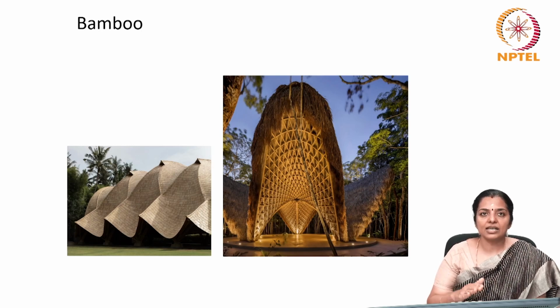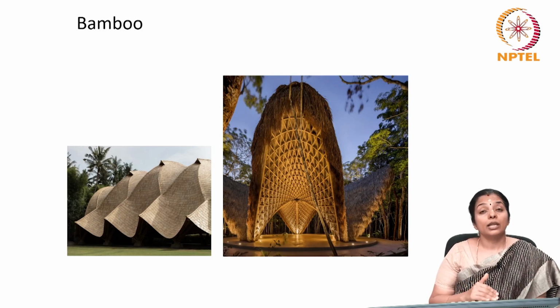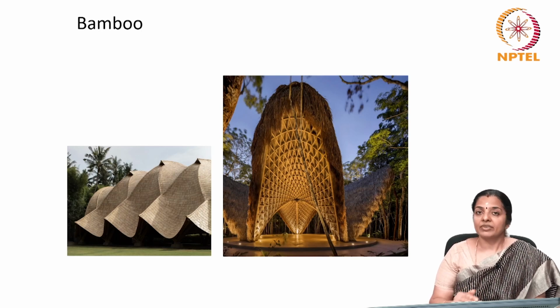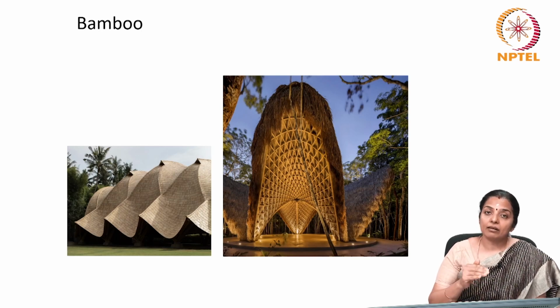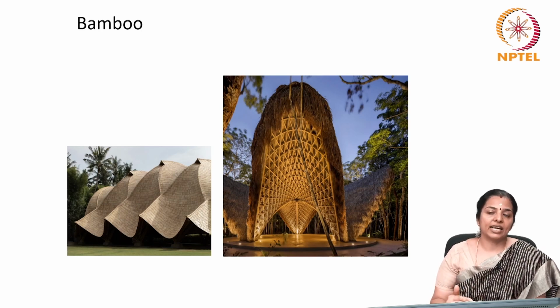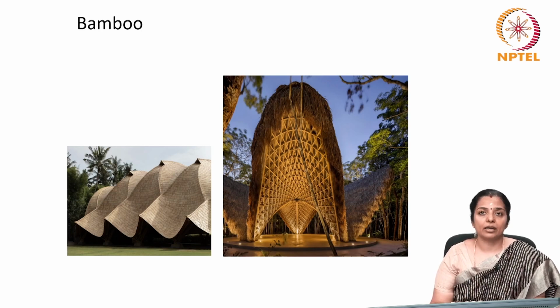I have taken these three materials right now because they also classify as extremely earth friendly, durable, and very low embodied energy, thus contributing to environmental repair, or rather they do not damage the environment.